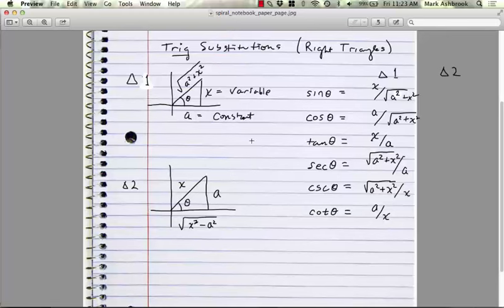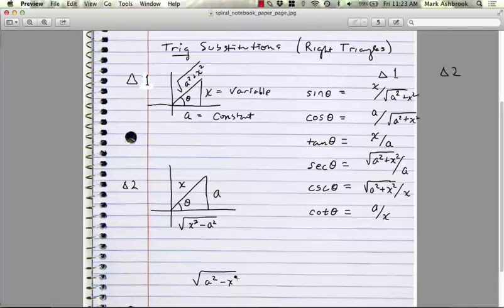So the idea is that we're going to get some integral, and it's going to have an expression made up of these kinds of things: square root of a squared plus x squared, or square root of x squared minus a squared, or even square root of a squared minus x squared.